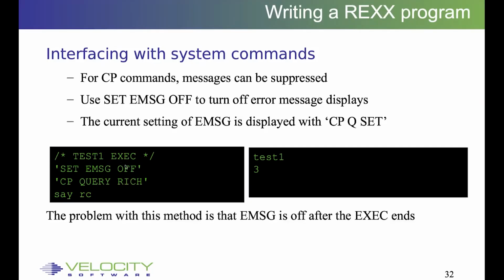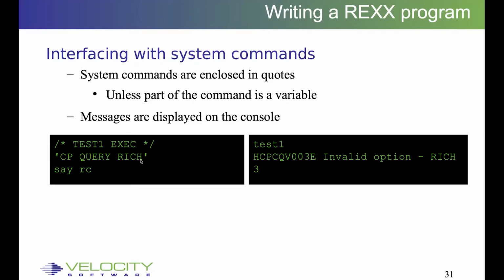Typically, this means that the user ID rich is not defined. But we display the return code, and the return code is 3. It is no coincidence that the return code is also the same as the numeric portion of the error message.